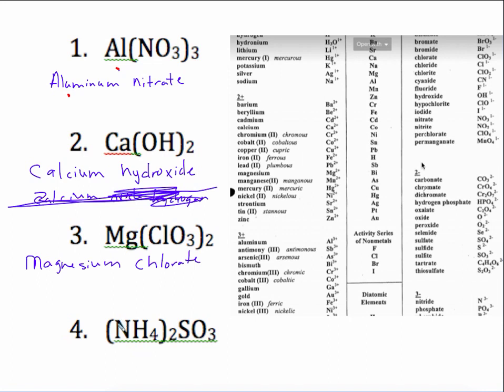Okay, the last one down here. I kind of cut the sheet off up here when I scanned it in, but if you look on your sheet, at the top there's a thing called ammonium, and it's NH4, and it would be 1 plus. That's ammonium. I just cut it off.